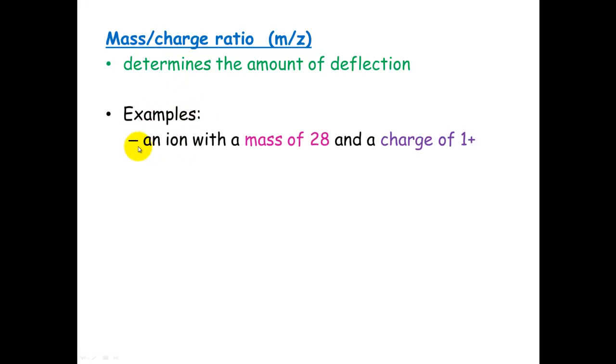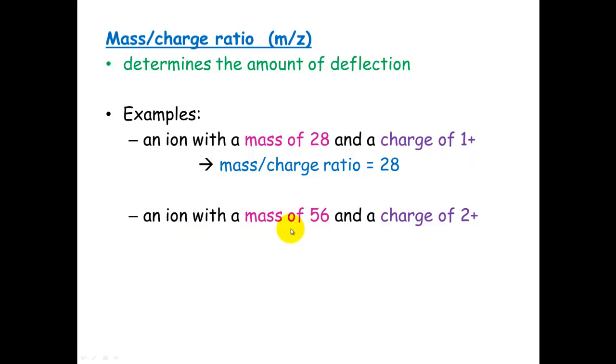An example of what I'm talking about is if you've got an ion with a mass of 28 and a charge of 1 positive, the mass to charge ratio would be 28, that is 28 divided by 1. If you've got an ion though with a mass of 56 and a charge of 2+, your mass to charge ratio is going to be 28 as well. So they're both going to deflect by the same amount, but the masses are different.